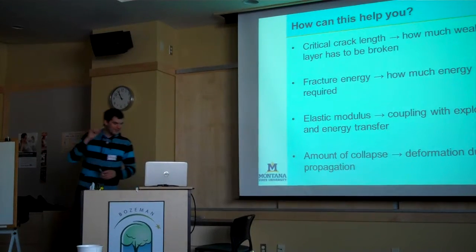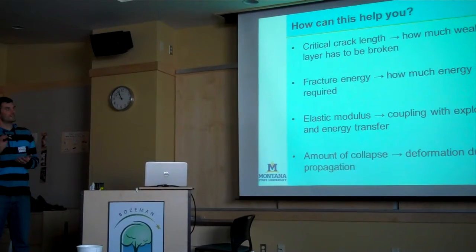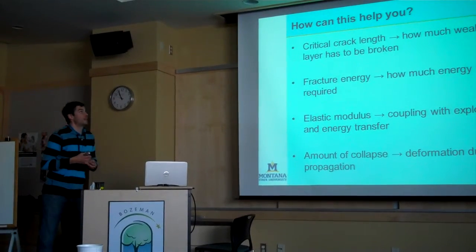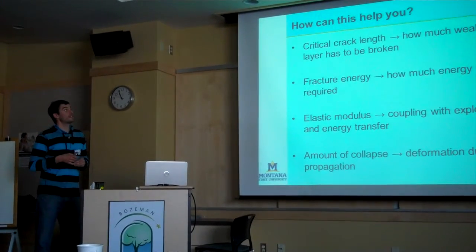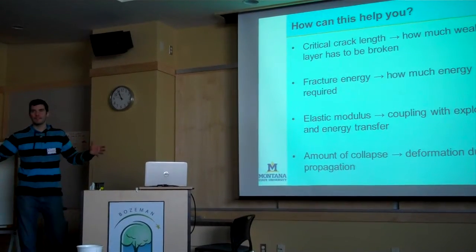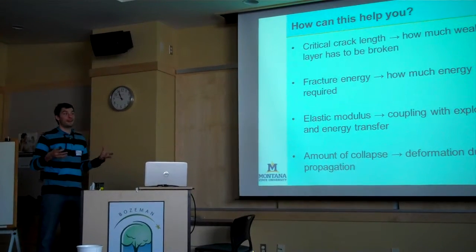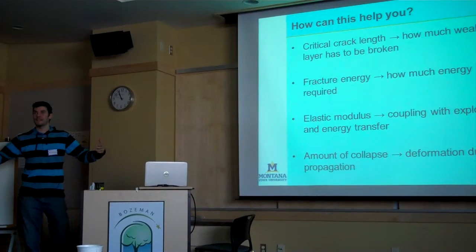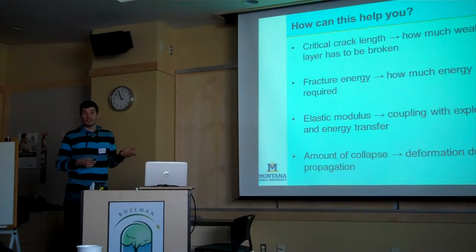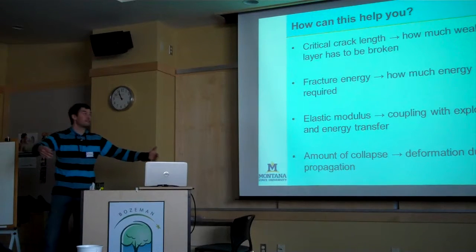I scratched my head to tie this into this workshop, but I think there are a few things that relate back to the explosives work, or the control work. The critical crack length will tell you how big of an initial crack you're going to need before you get propagation. So it will tell you how big of an area of the weak layer you need to break before it will start propagating. The fracture energy will tell you how much energy is required to actually break that entire area of weak layer.